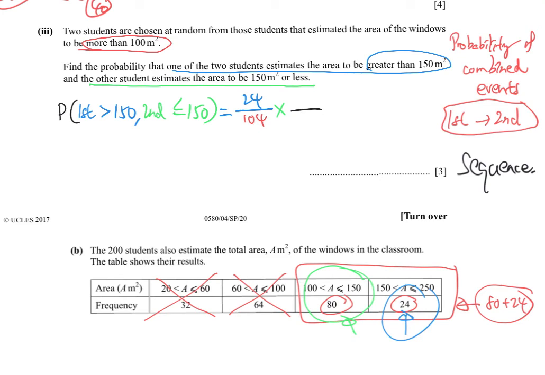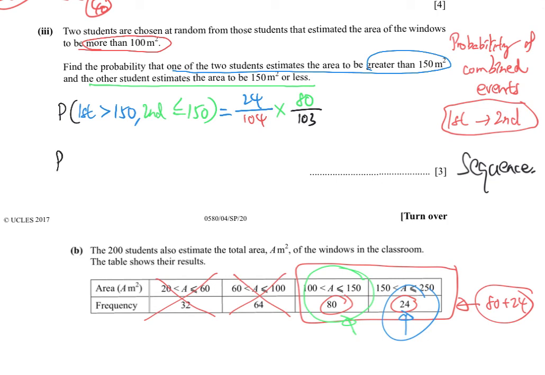So we need to change the denominator for the next fraction to 103. And then we want to find someone less than 150, from the green group, so it should be 80. This is the first situation that satisfies our probability.